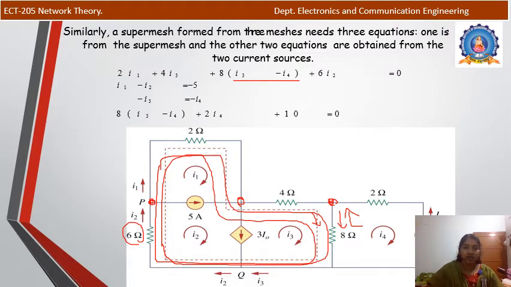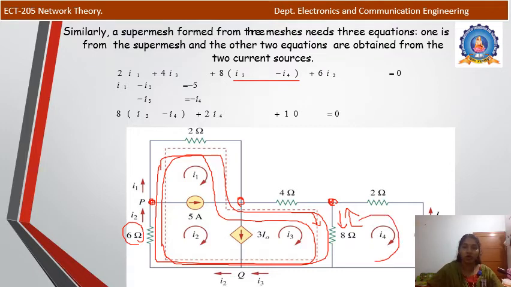Here I3 is the incoming current and I4 is the outgoing current, so we get I3 is equal to I4. Next we apply the KVL at the second mesh.